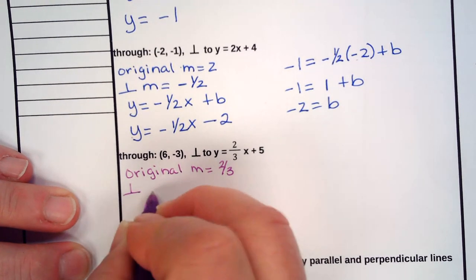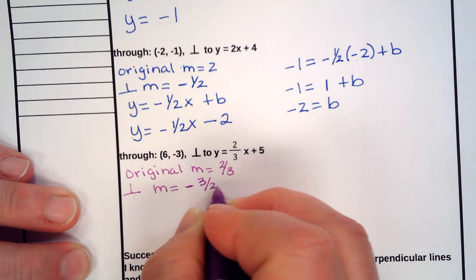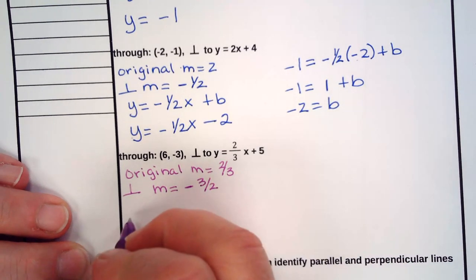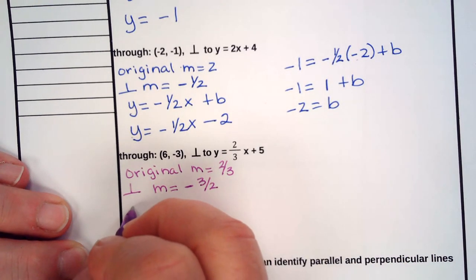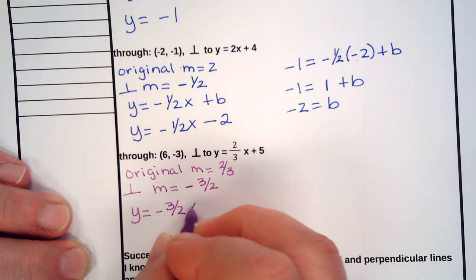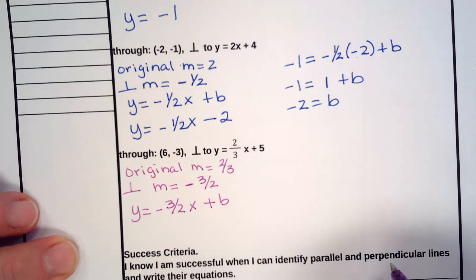Your perpendicular slope will be negative 3/2. The equation I used to find my b value is y is equal to negative 3/2 x plus b. Now I'm ready to find b.